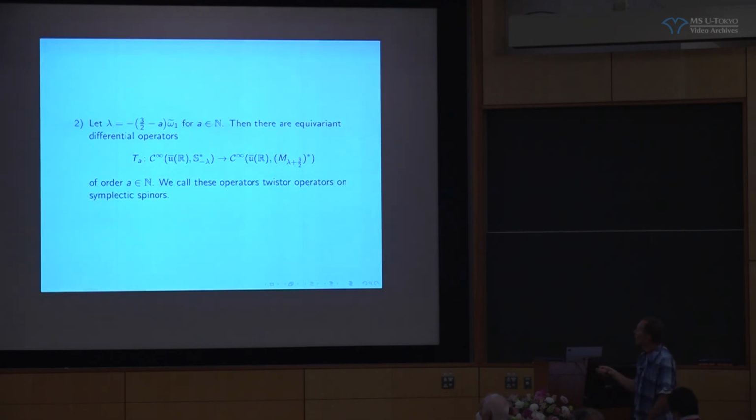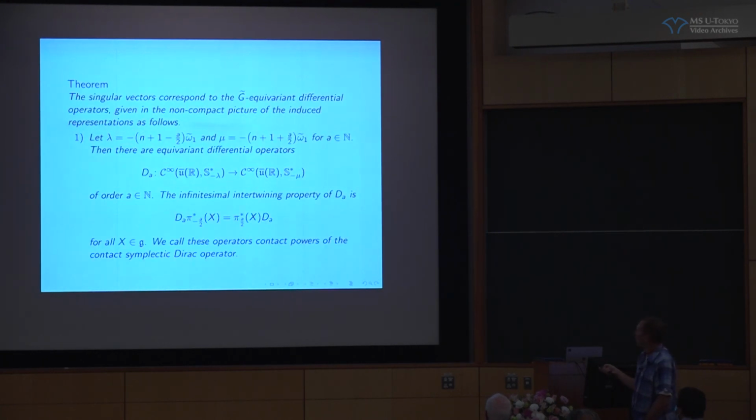So the domain is the space of symplectic spinors, and the target for such an operator is a more complicated representation, one which comes from the tensor product of Segal-Shale-Weil with symmetric powers of the fundamental vector representation of the symplectic Lie algebra. So this is what they are.